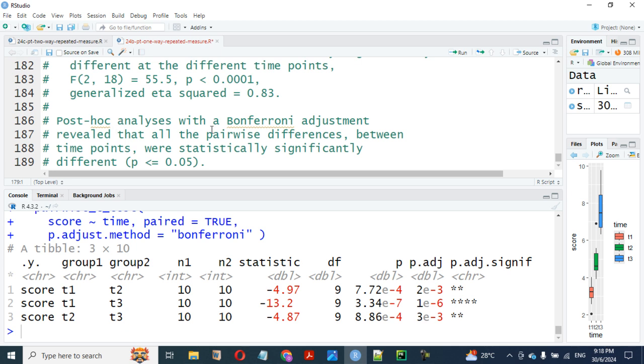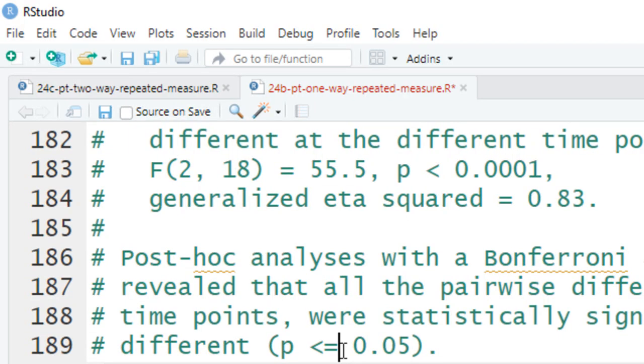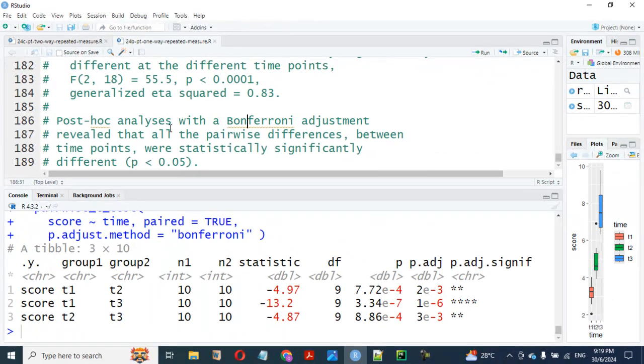Post hoc analysis with a Bonferroni adjustment revealed that all the pairwise differences between the time points were statistically significant at p less than or equal to 0.05. For Bonferroni, since the test itself is very stringent, you can make it less than or equal to. All right, so that is just that for now.